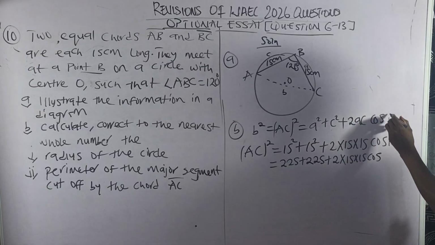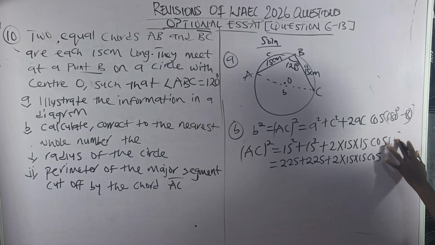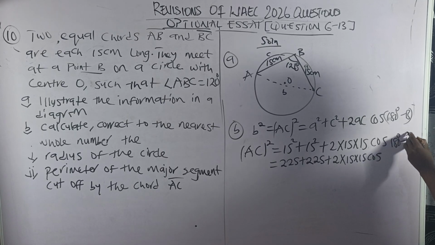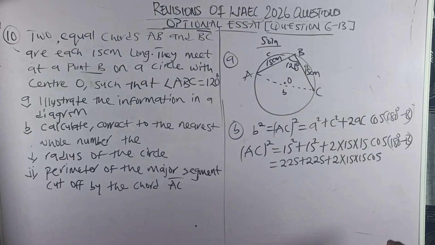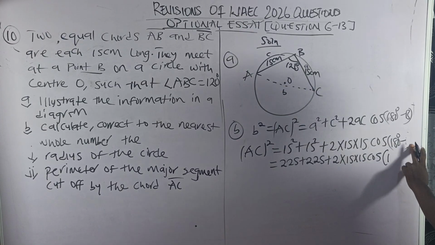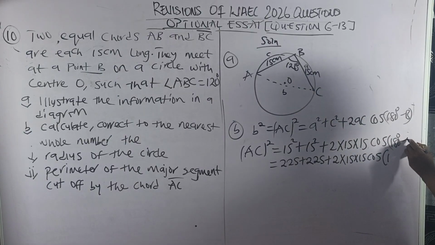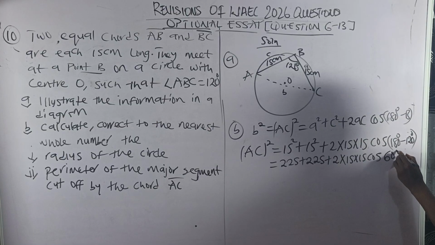Now this is supposed to be 180 degree minus B, since it's greater than 90. So I have 180, putting my value of B, my B is 120. So 180 minus 120 will give me 60. So I have 60 degree.